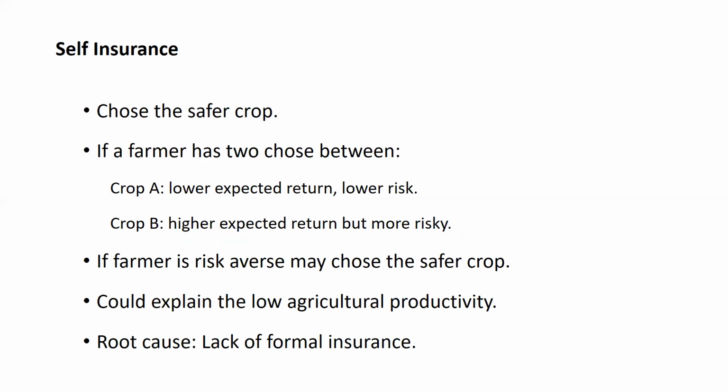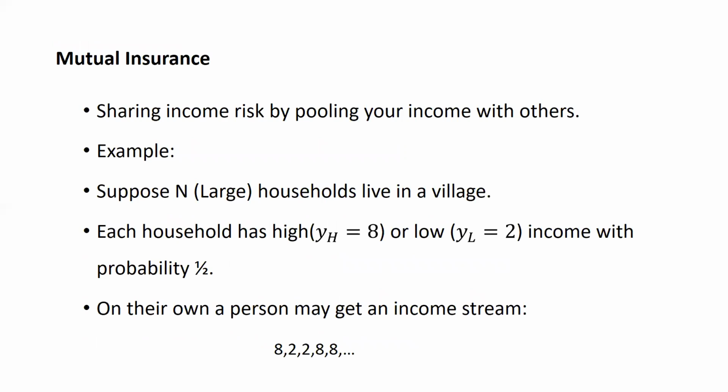If you're worried about lower agricultural productivity, you have to look at the root of that, and the root in this example is the lack of formal insurance. So if you want to give farmers incentives to take more risky, higher yield crops, you're going to have to provide them with some kind of insurance market so they're willing to do that.